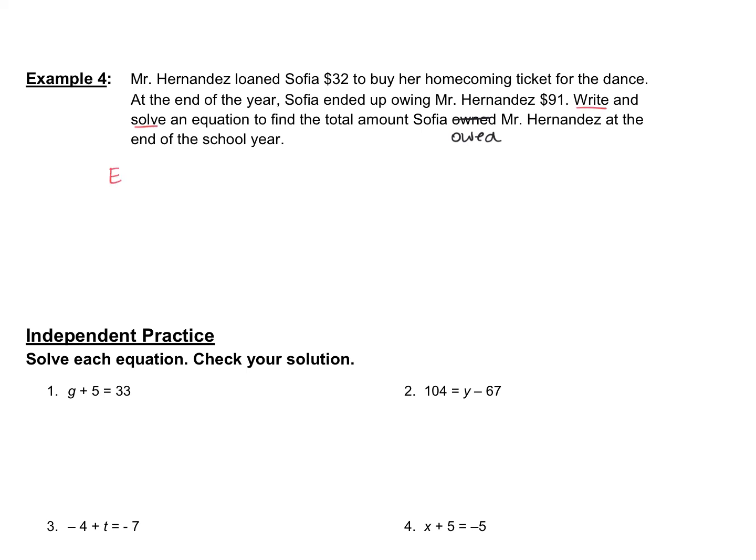So the equation itself, and then the solution of the equation. So two things, right? So we're trying to find out, he already loaned Sophia $32. So that's something that she owes, right? That's in the negative. So it's $32. And so far, at the end of the year, she ended up owing Mr. Hernandez $91.